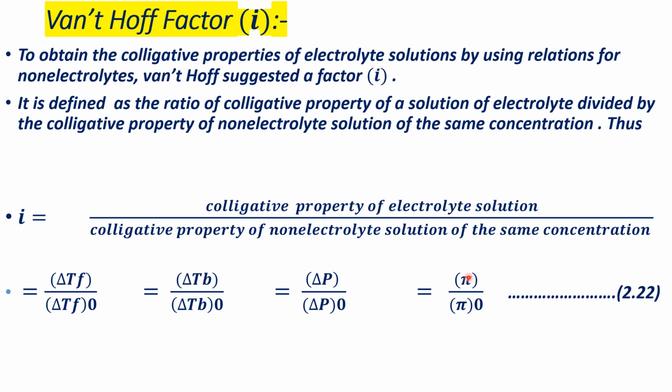Here pi is the colligative property of electrolyte and pi0 is that of non-electrolyte solutions at the same concentration. That's equation number 22. You simply have to remember it. Okay. Next point.